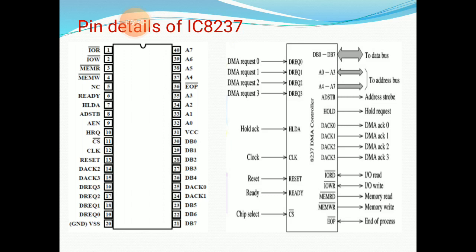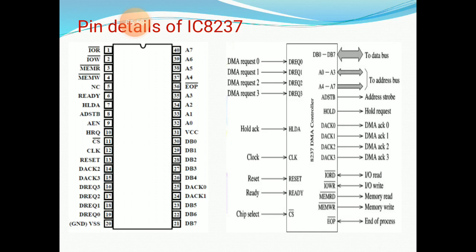The 8 data lines DB0 to DB7 are connected to the data bus of the microprocessor, and 8 address lines A0 to A7 are connected to the address bus. The ADSTB address strobe signal is used to enable the higher order address bus of the microprocessor, and the hold signal is connected to the hold request of the microprocessor.